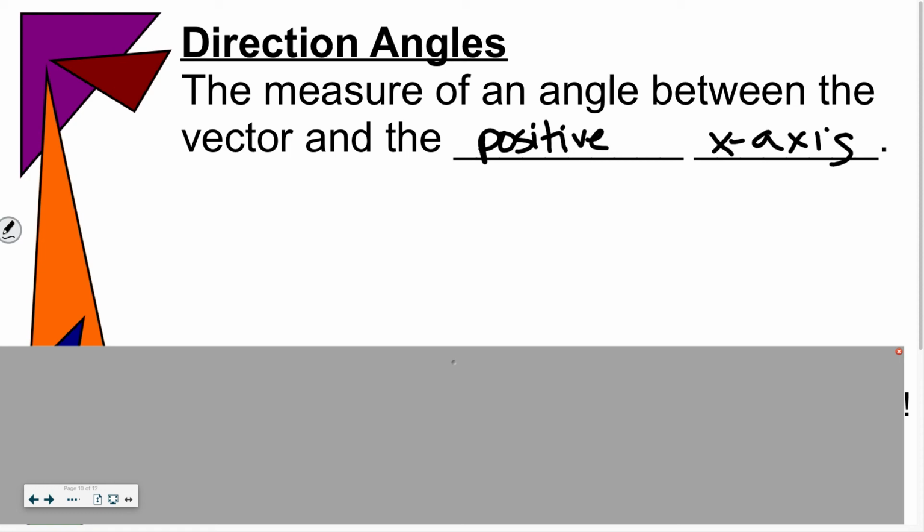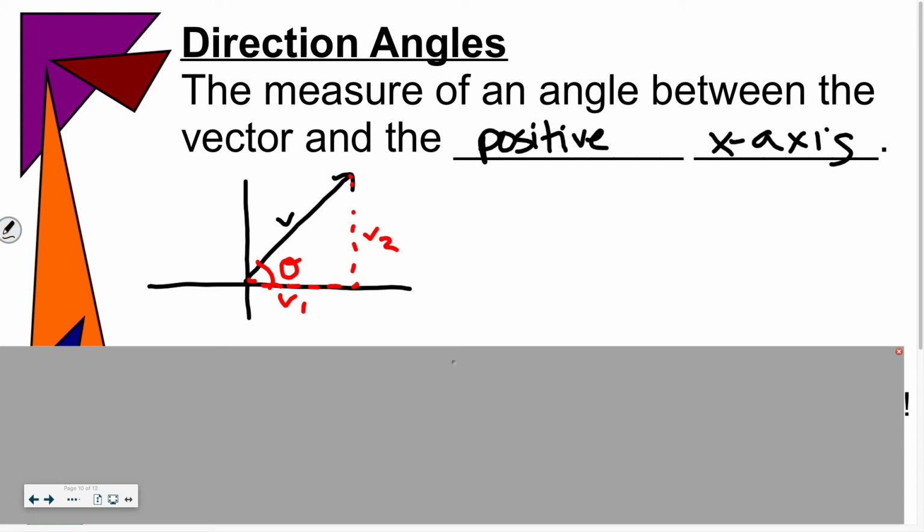If I draw a picture of that, there's vector V. I'm interested in this angle right here, between the positive x-axis and the vector, and that could be in any quadrant, right? So it could be anywhere. And then I know V sub 1 in component form, and I know V sub 2. Well, how can I find theta? Tangent.